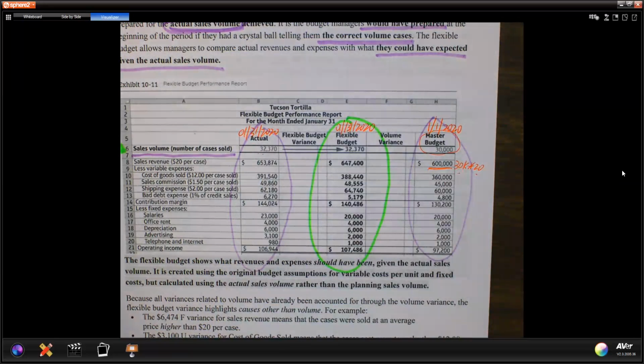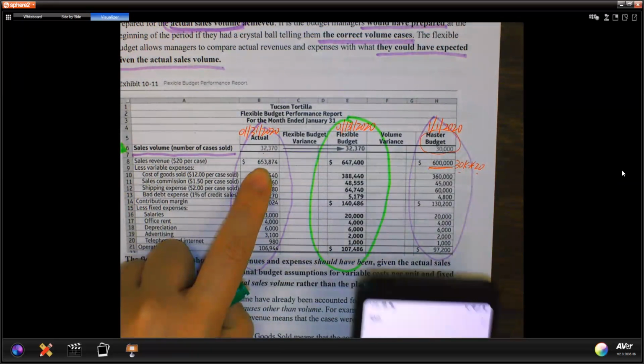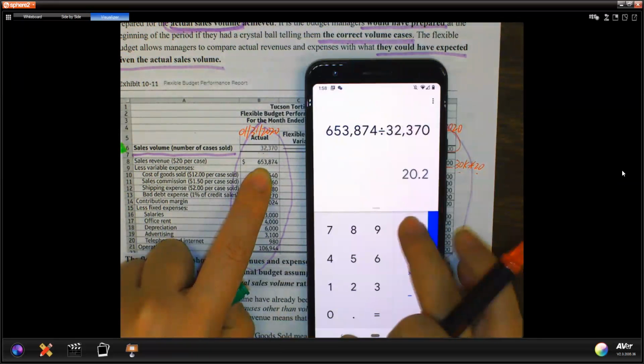Let me look at this, give me 1 second, sorry, I'm kind of confused myself. See, you need to prepare, right? If you don't prepare, you will not get the right answer. So your revenue is this. You sold 32,370. Okay, so this is my question.